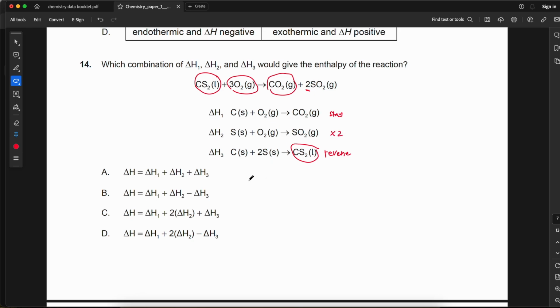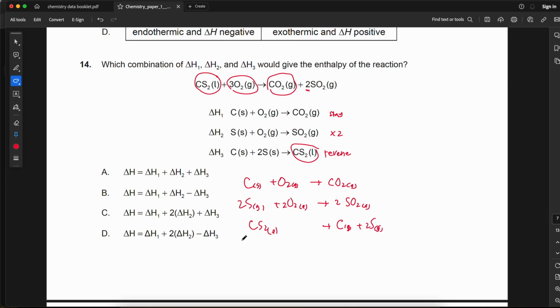Let's rewrite. Okay, C plus O2 gas produce CO2 gas, and times 2: 2S solid plus 2O2 gas produce 2SO2 gas, and reverse: CS2 liquid produce C and 2S solid.